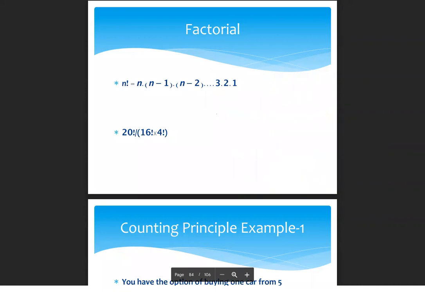All right, so now let's simplify this: 20 factorial divided by 16 factorial times 4 factorial. We can unroll 20 factorial this way: 20 times 19 times 18 times 17 times 16 factorial.